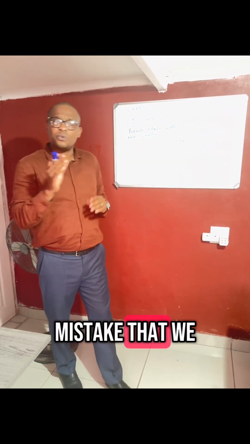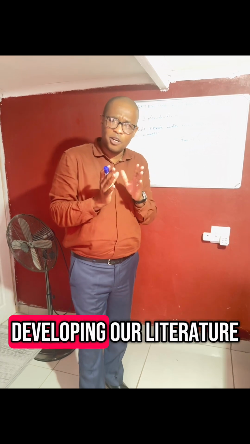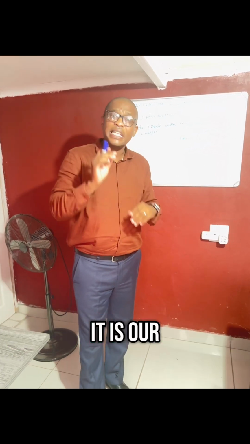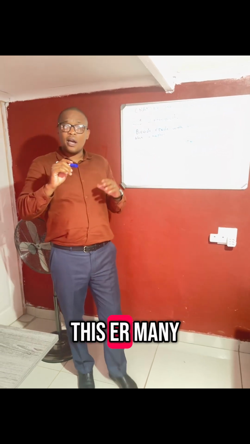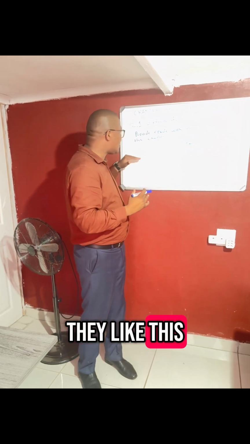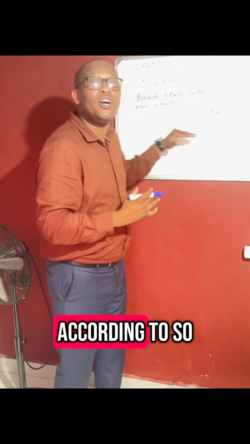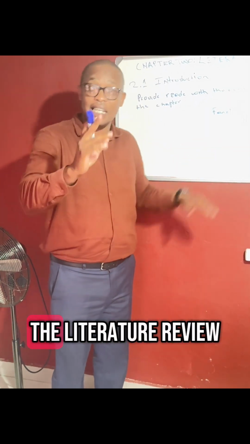The other mistake that we tend to make when we are developing our literature review is our in-text referencing. Many students like saying, according to so and so, in the literature review.